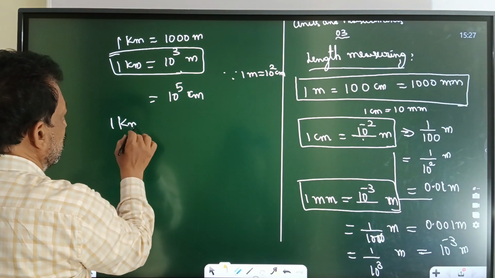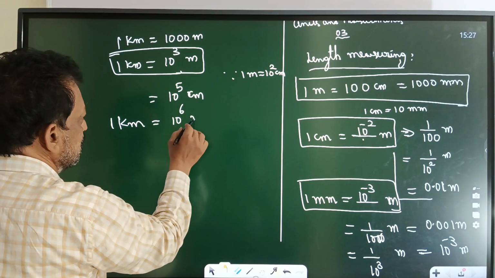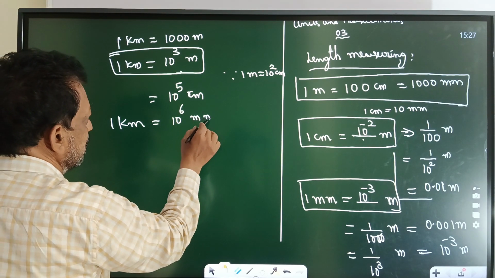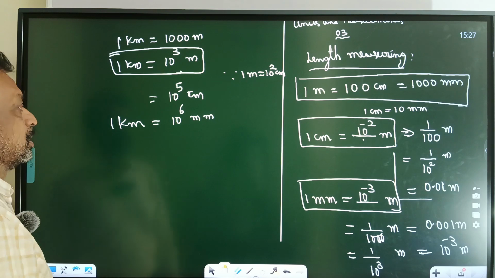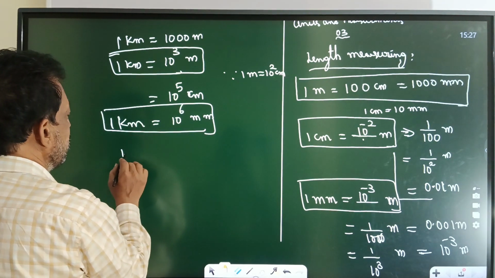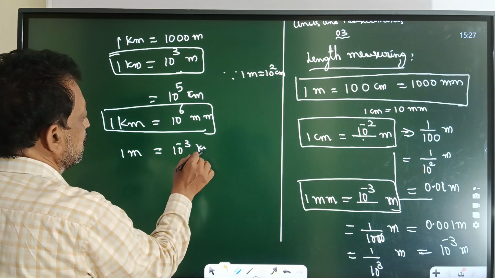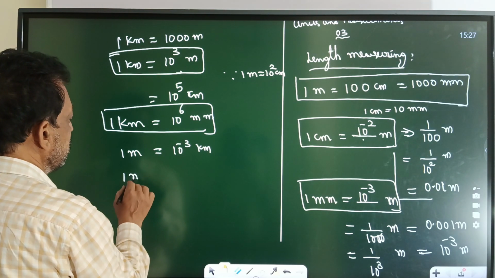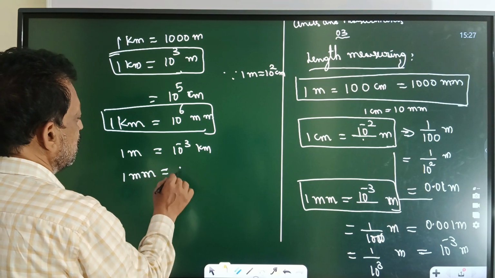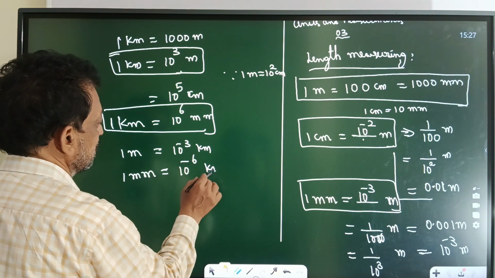If you want it in millimeter, 1 kilometer is equal to how many millimeter? 10 to the power of 6 millimeter. So the reverse conversion we can take. 1 meter is equal to 10 to the power of minus 3 kilometer. 1 millimeter is equal to 10 to the power of minus 6 kilometer.